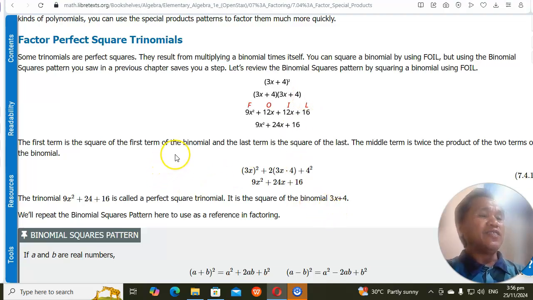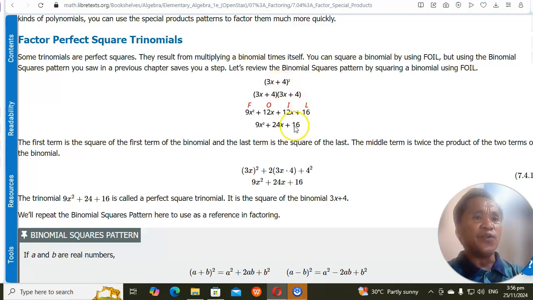Okay, as you can notice, the first term is the square of the first term of the binomial. And the last term is the square of the second term of the binomial.